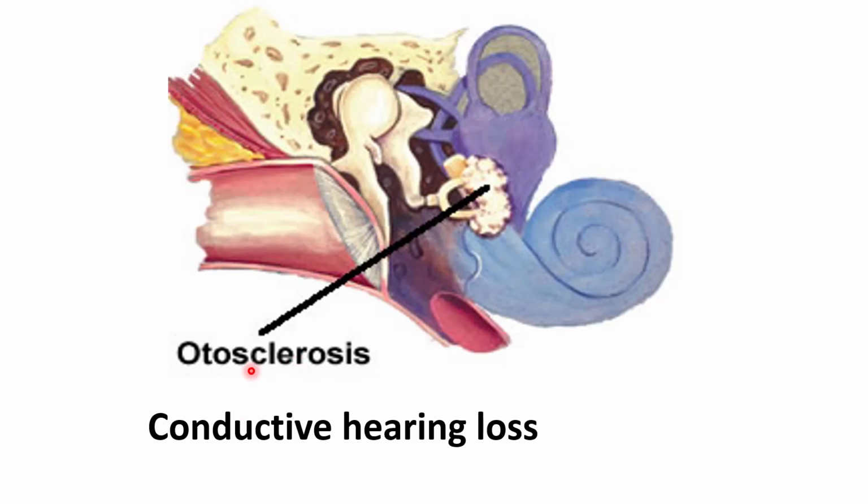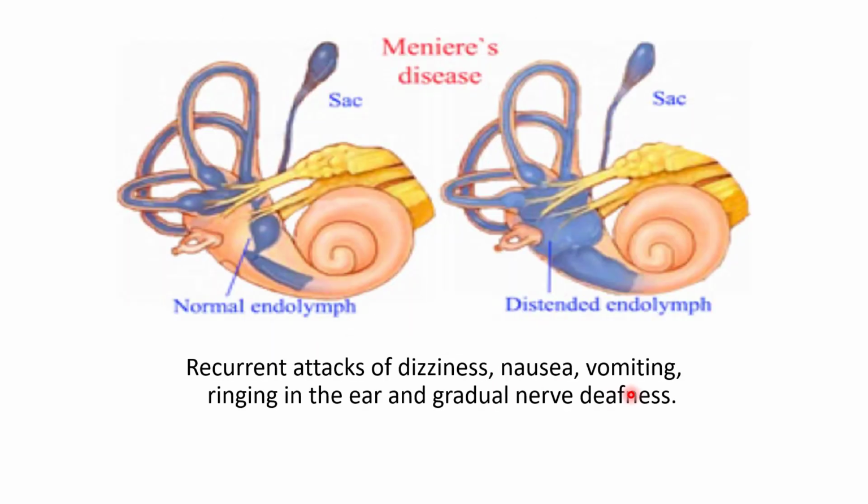There is an entity which you might have heard of during your clinical postings called otosclerosis. Otosclerosis is a deposition of sclerotic material specifically around the footplate of the stapes, and this sclerotic material eventually dissolves the footplate of the stapes, and that will lead to conductive hearing loss.